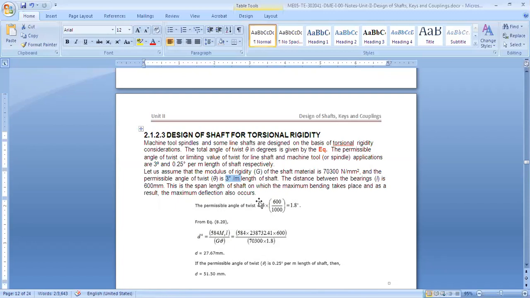Now the distance between the bearings, L, is given. Distance between the bearings means the length of the shaft is given, and we have to do the design of the shaft. So on the torsional rigidity, that means we have to use the angle of twist theta for the design of the shaft. We have the formula theta is equal to 584 MT L upon G D raised to 4, right?